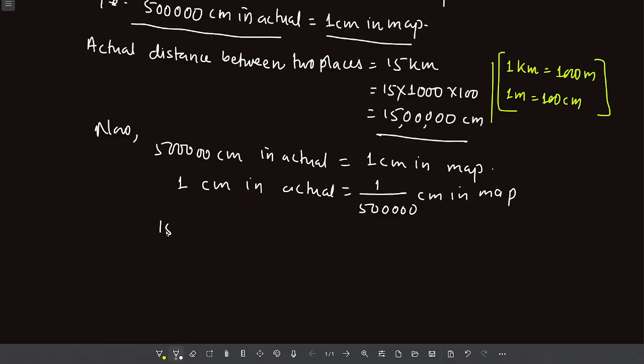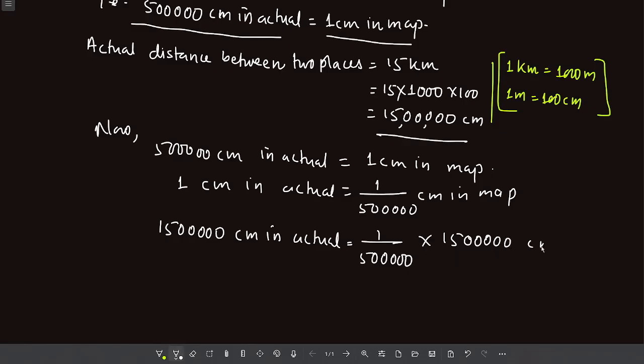So 15 lakh centimeter in actual is equal to 1 over 5 lakhs into 15 lakhs centimeter. Now these 5 zeros can cancel these 5 zeros, and again 5 ones are 5, 5 threes are 15. Now we got it as 3 centimeter.